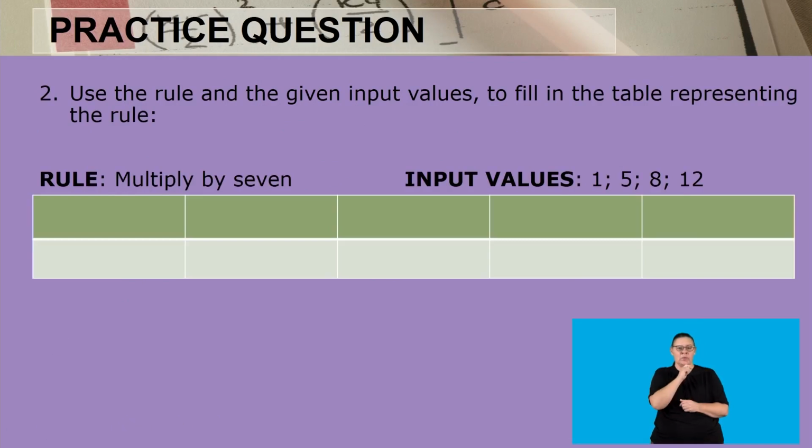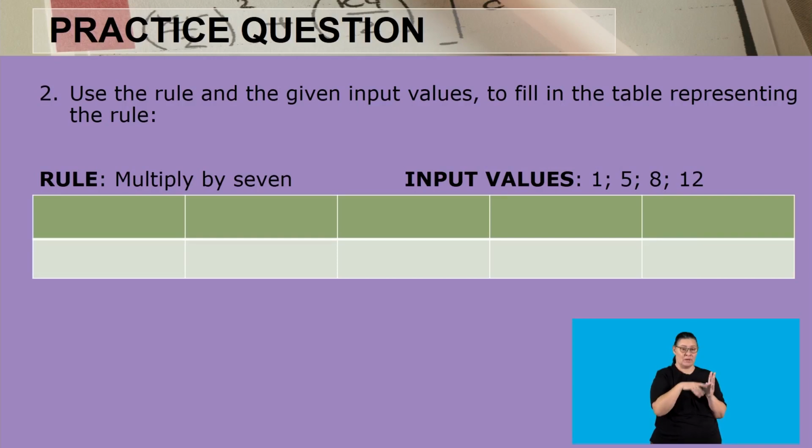So this next question says, use the rule and the given input values to fill in the table representing the rule. So what rule have we been given here? We have been given a rule that says multiply by 7, and we have been given the input values as well. So in the table, we are supposed to fill out the input values, of course, as well as the output values, by using our rule.